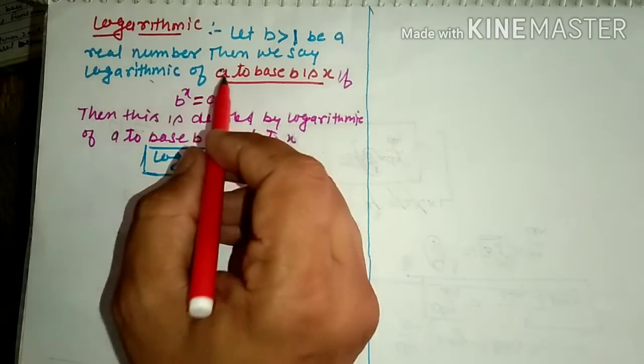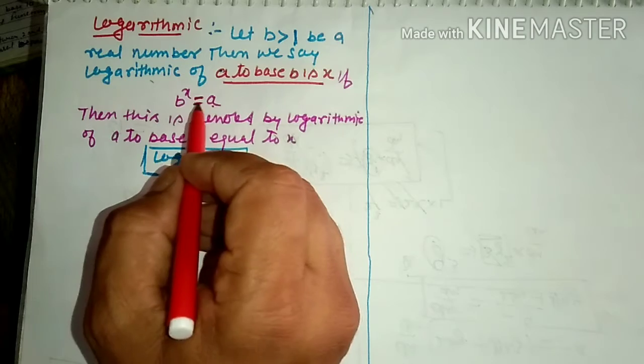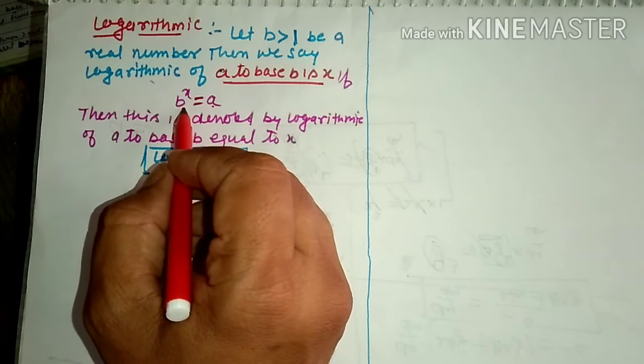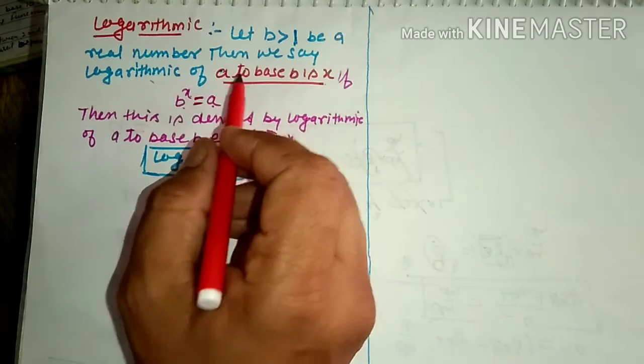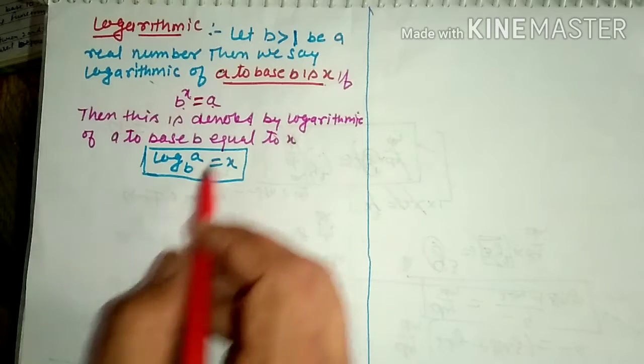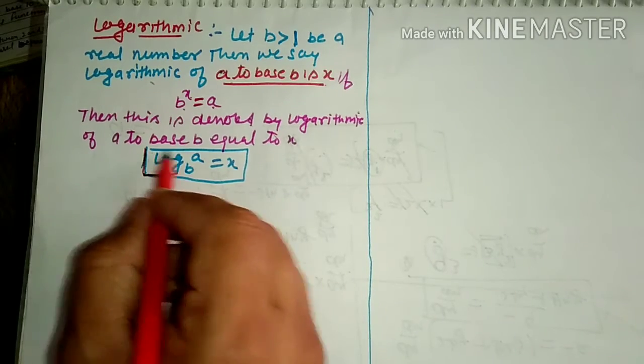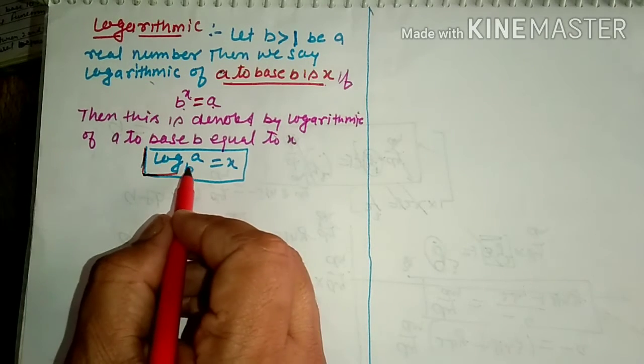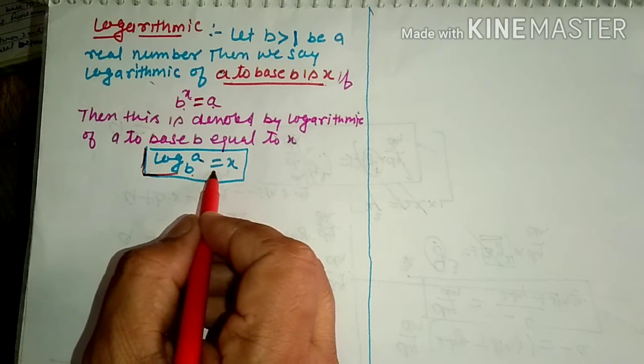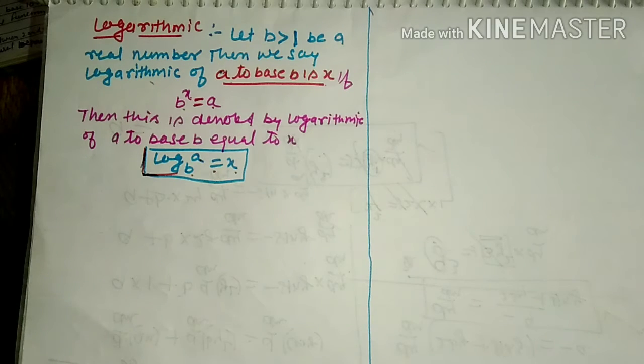Clear? So log base b of a is equal to x. That is the exponential function written in terms of logarithm. Clear?